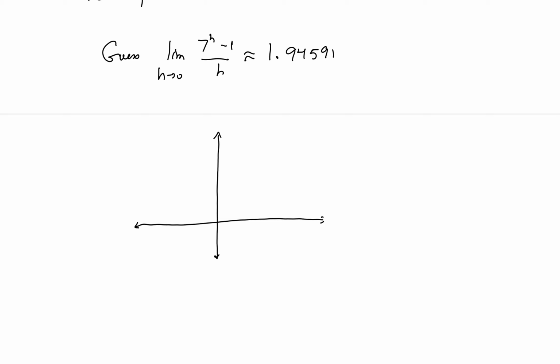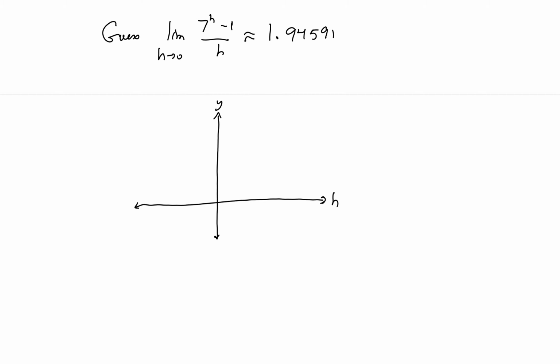Let's put an h here. Now it's not defined at 0, so we'll fill in a spot there, and then it goes up and looks like this. And if you were to graph this and zoom way in, it's getting closer and closer to that value, just like we saw from our tables above.